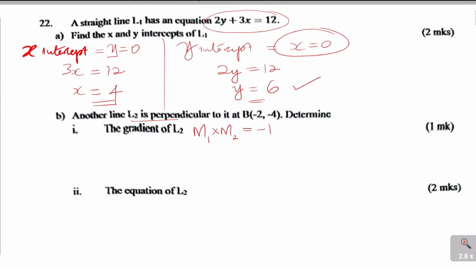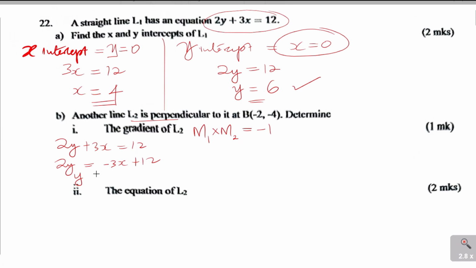So we need to get the gradient of L1, and the equation of L1 is 2y plus 3x is equal to 12. To get the gradient, you have to write this equation in the form y is equal to mx plus c. So you shall have 2y is equal to -3x plus 12.